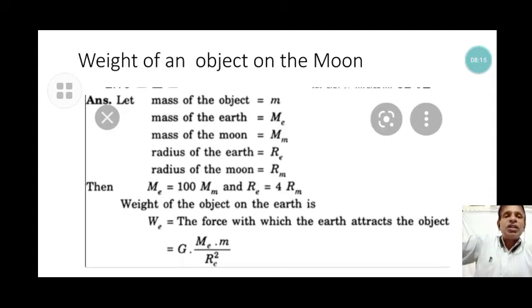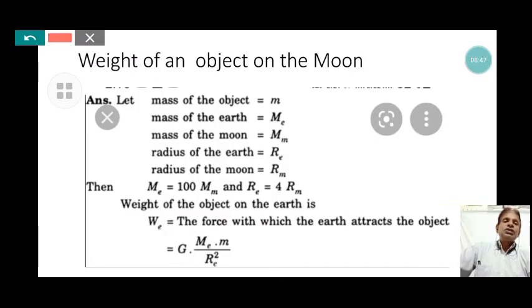Let the mass of the body be m, the mass of the earth be Me, and the mass of the moon be Mm. The radius of the earth is Re, and the radius of the moon is Rm. Roughly, the mass of the earth is 100 times the mass of the moon, and the radius of the earth is 4 times the radius of the moon. This is a rough calculation.